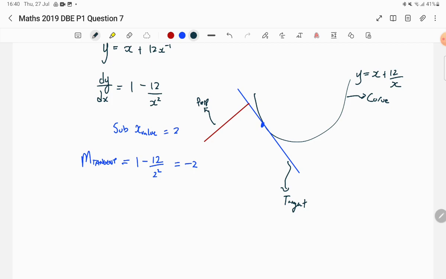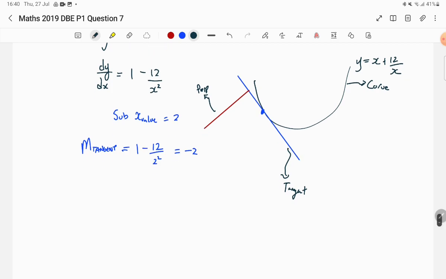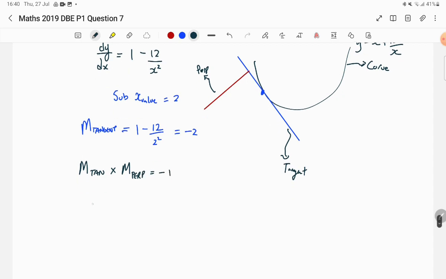Once we have the gradient of the tangent, m of the tangent multiplied by m of the perpendicular line equals -1. Therefore m of the perpendicular line is equal to a half. Now we have the gradient of the perpendicular line.